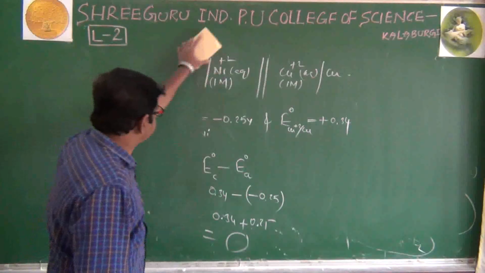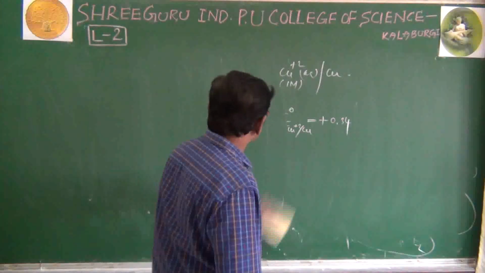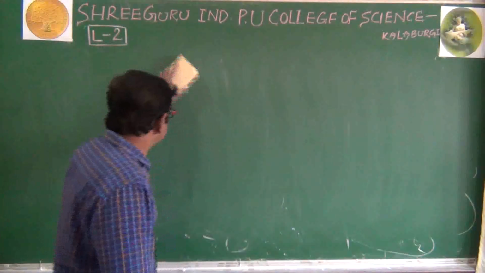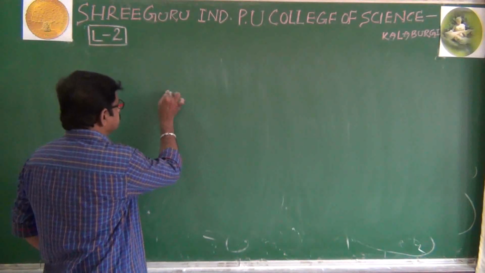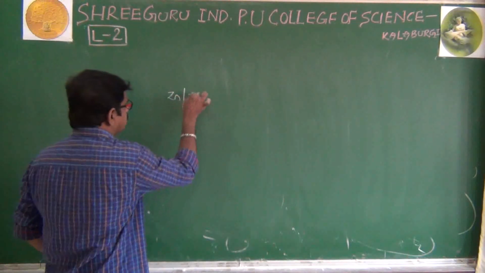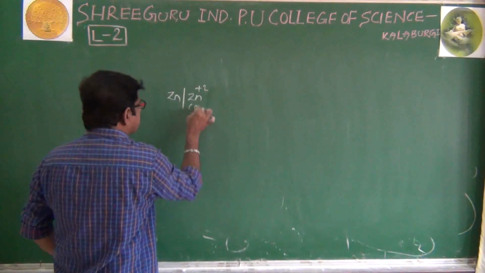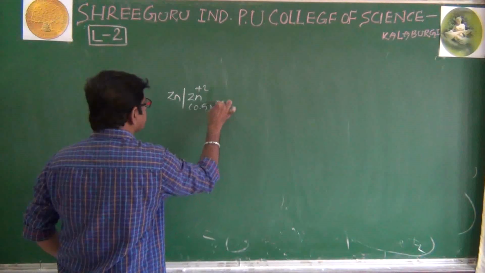Next. Suppose Zn oblique Zn plus 2, here not 1 molar, 0.5 molar.